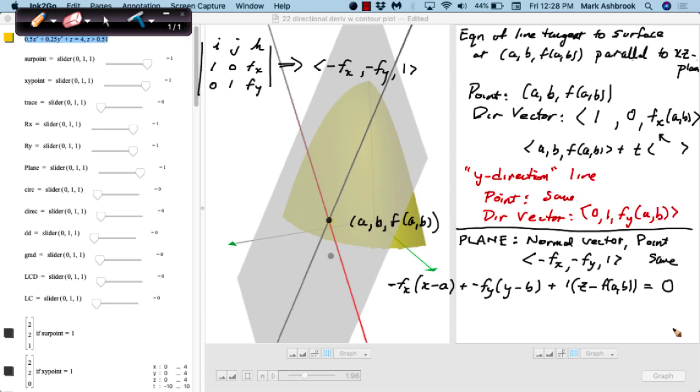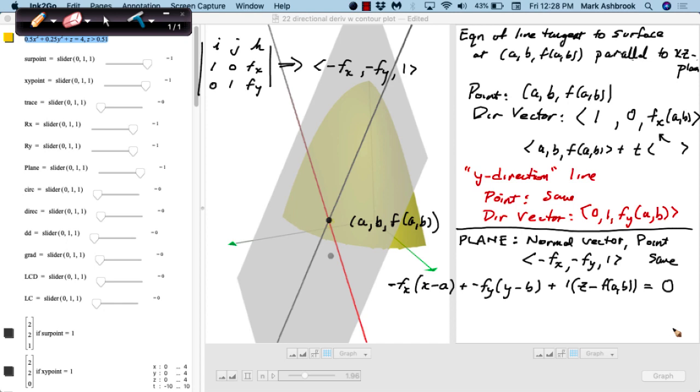Yep, so our coefficients are the normal vector, and then we have all points on the plane, x, y, z, right? All points on the plane. And then whatever point we're using, the specific point, a, b, f of a, b. Questions on that?